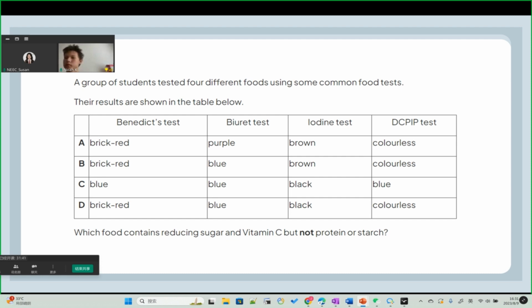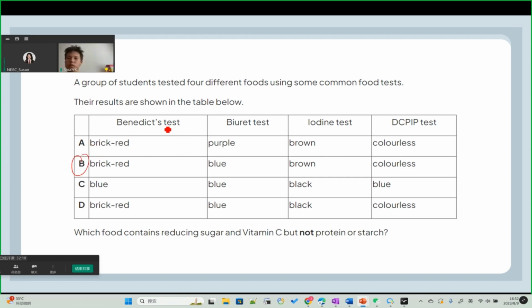DCPIP turns colorless, right? So no. I think B. Very good.